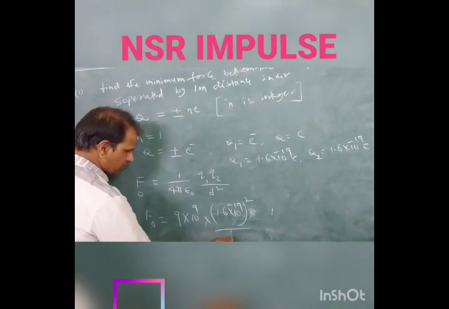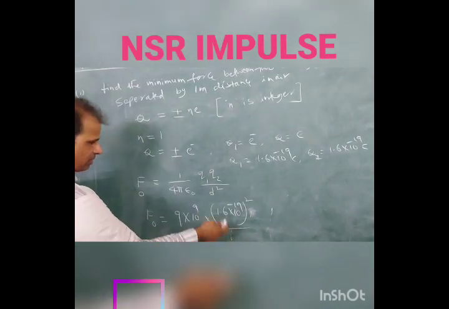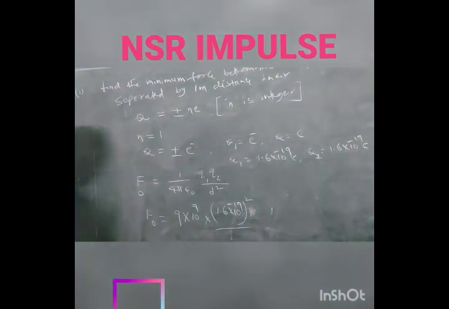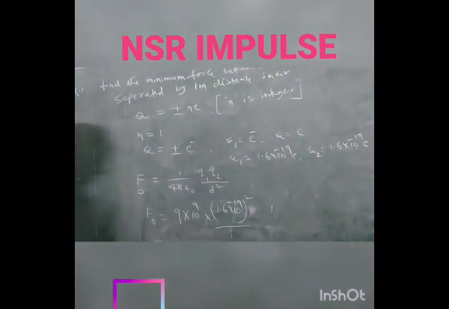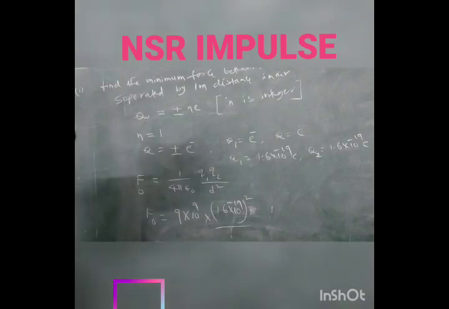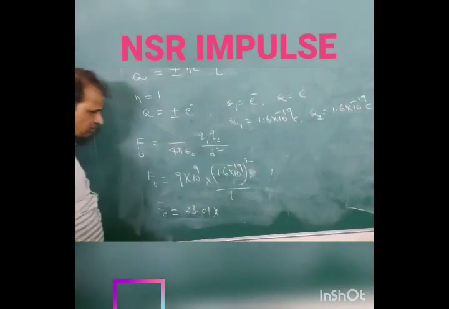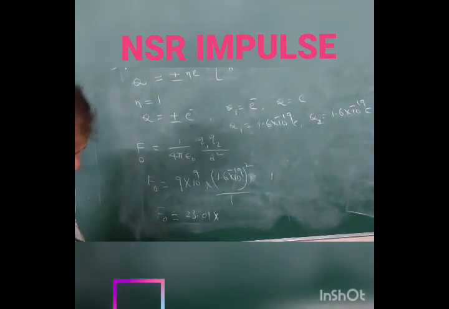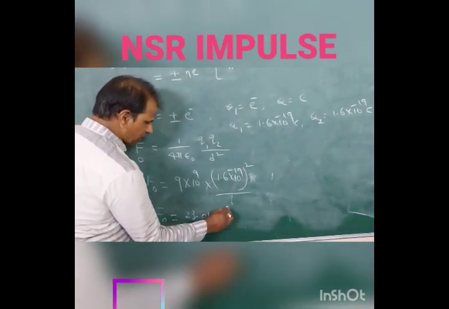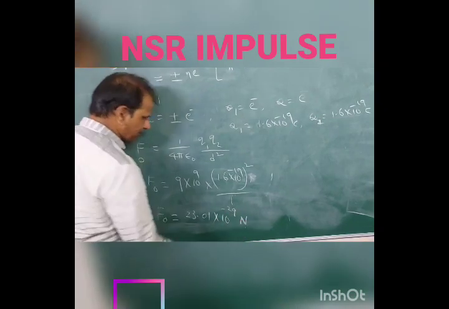The distance separated is 1 meter, and 1 square is 1 only. So this force approximately comes as 23.01 into 10 power minus 29 Newton.